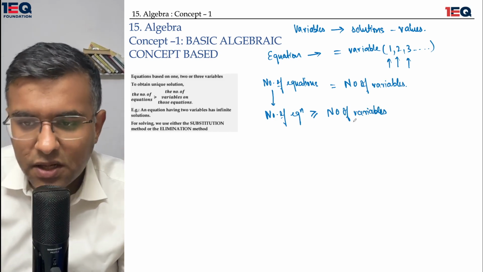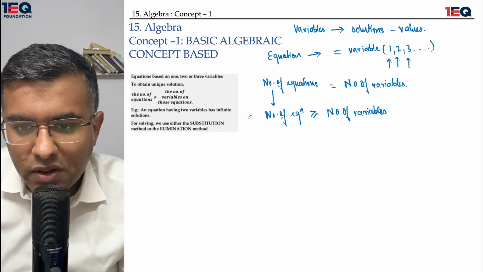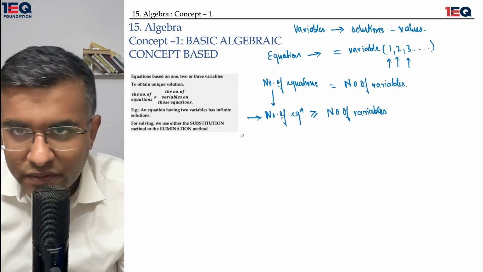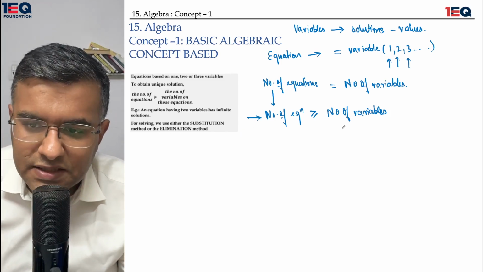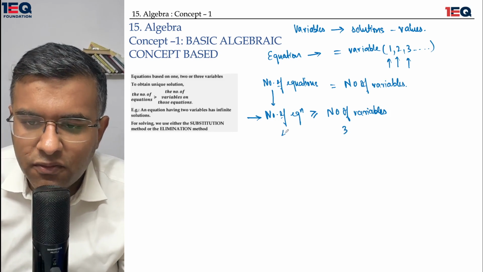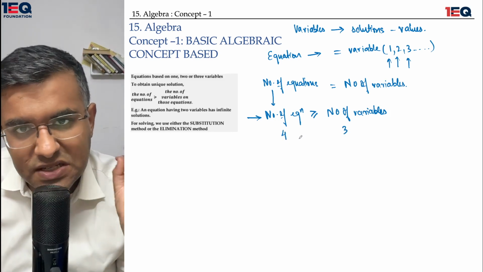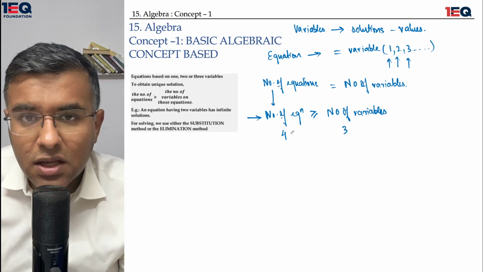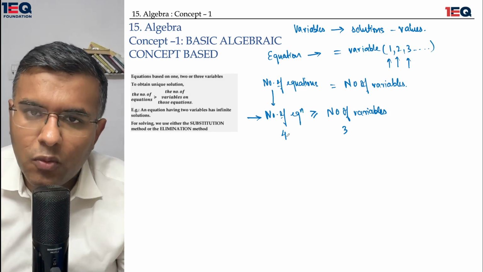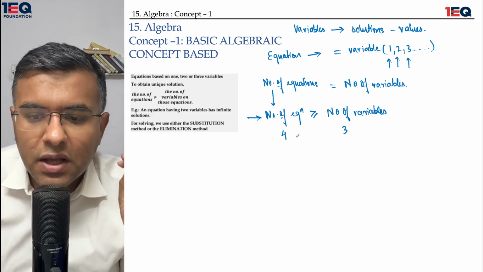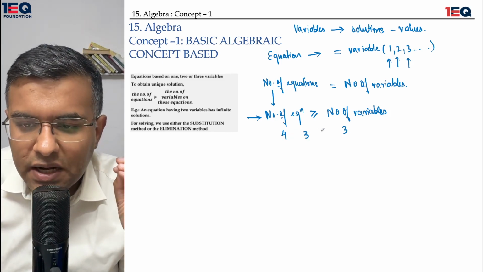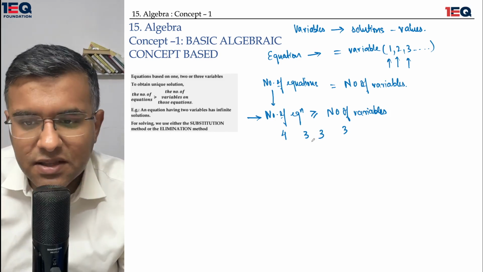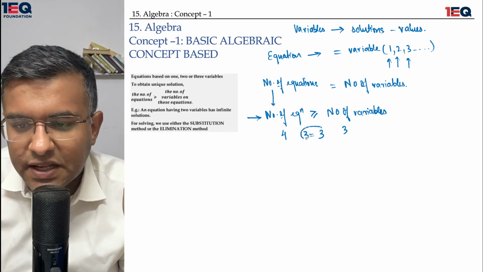When this situation comes up, all the extra equations might be of use to us, might not be of use to us. Let's assume that there are 3 variables and there are 4 equations. So such a question is definitely solvable. Why? Because one of the equations might lead to a more precise solution. Had it been 3 equations and 3 variables, it is the perfect setting.